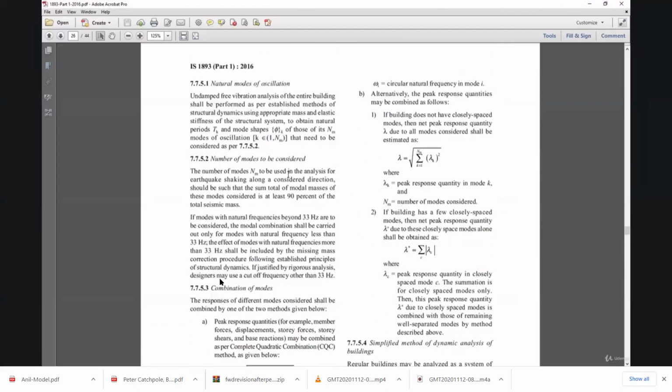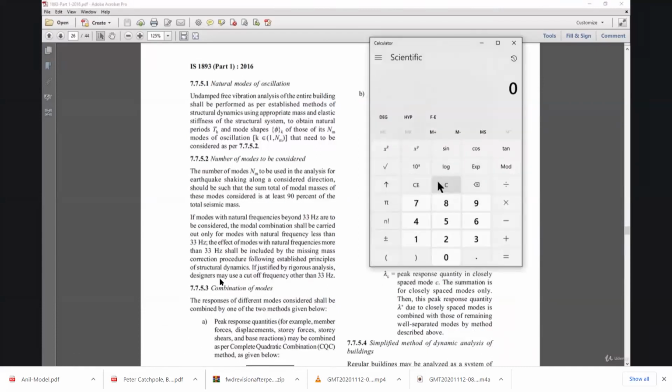Number of modes to be considered: we should consider that many modes such that 90% of total seismic mass is participating, and the natural frequency shall not go beyond 33 Hz. That is, the time period shall not be less than 1 divided by 33, which is 0.03.